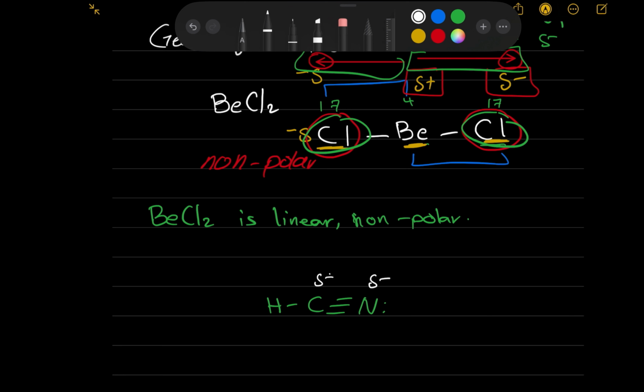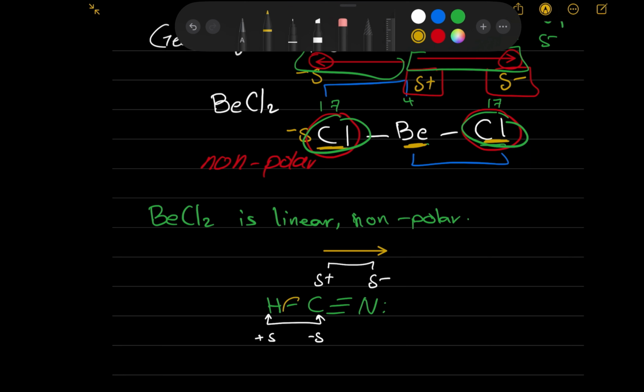If you combine those together, and if you consider this bond between the carbon and hydrogen, carbon is more electronegative than hydrogen, so it's partially negative with respect to hydrogen, and this one here is partially positive. And now if we take the direction of the arrows, this one is going in this direction because this is partially negative and partially positive. And with this bond in here, the direction is going there.